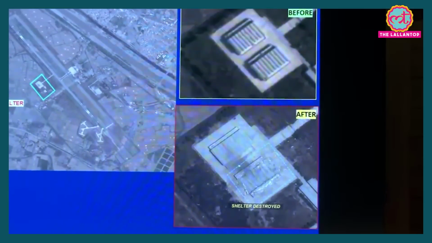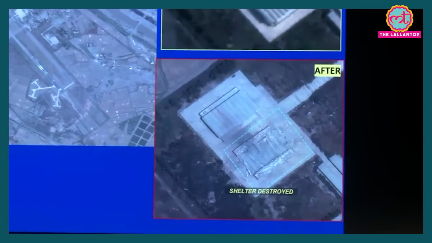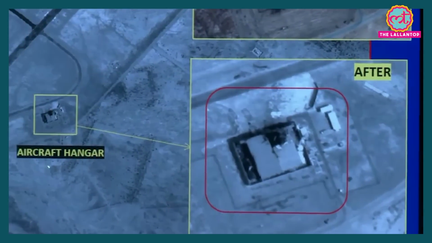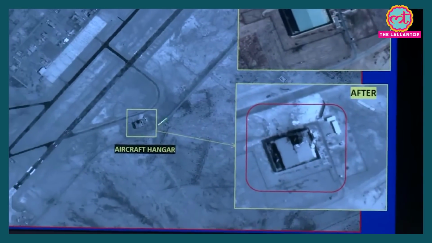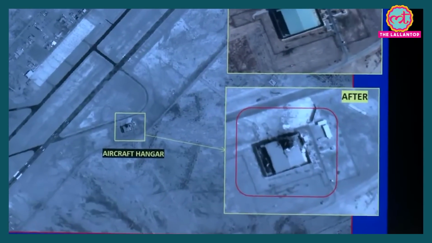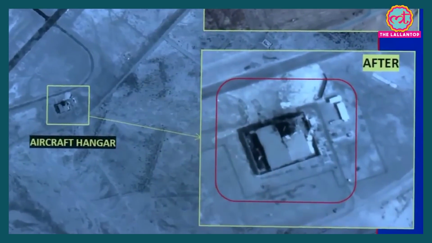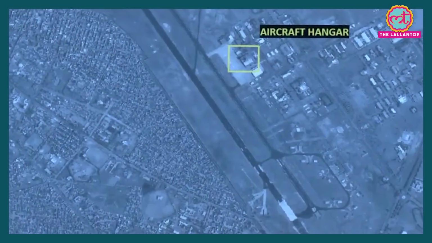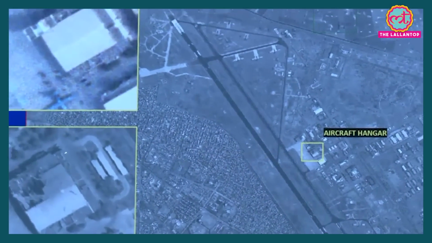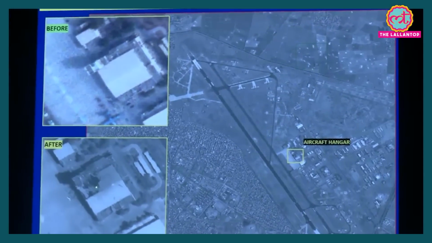The roof of the buildings completely caved in and burnt. Next. Bolari Airfield, aircraft hangar. This is how it looked before, and this is how it looked after the precision strike. Next. Jacobabad, aircraft hangar, and this is how it looked after.